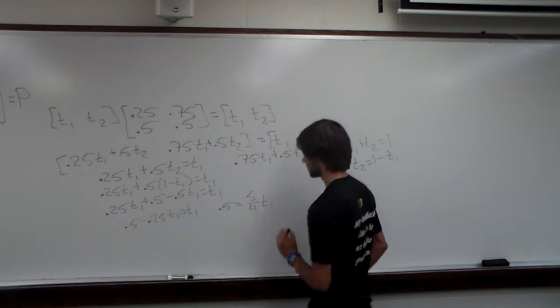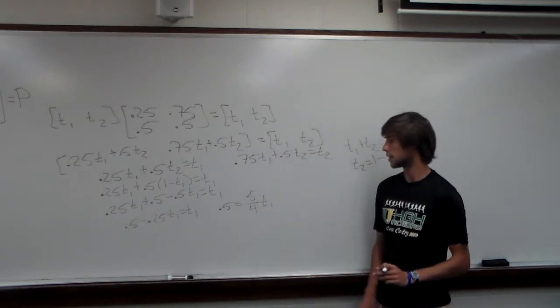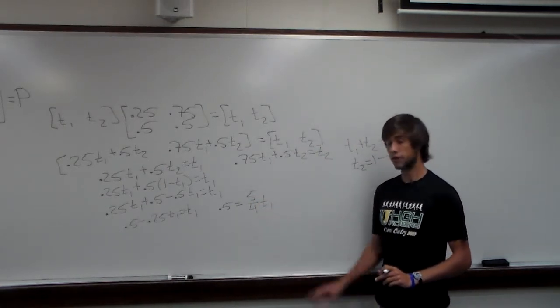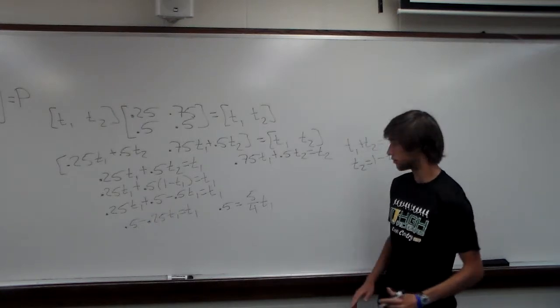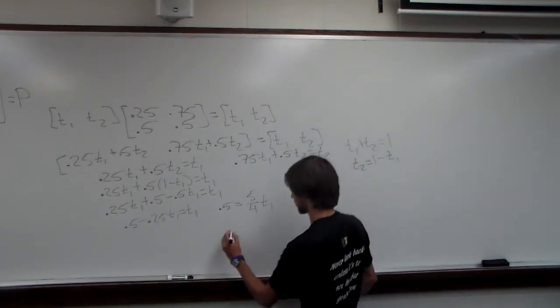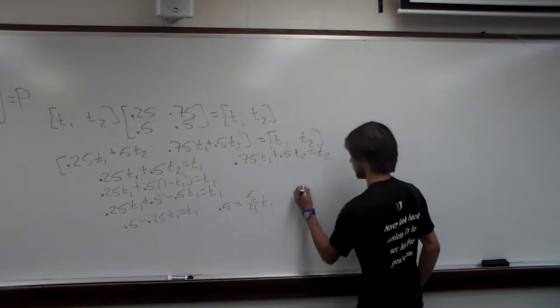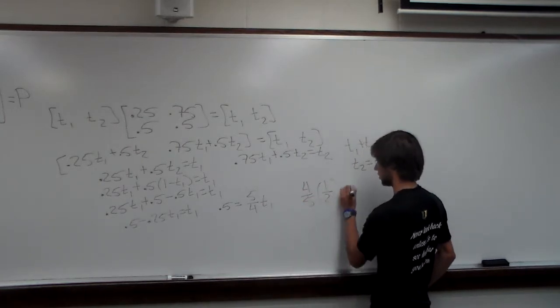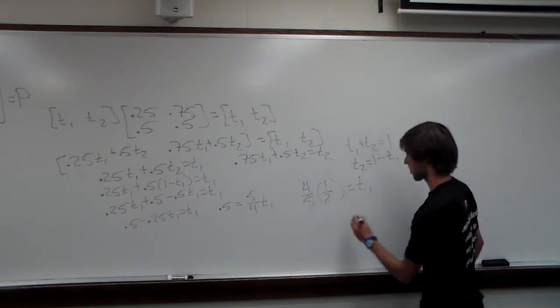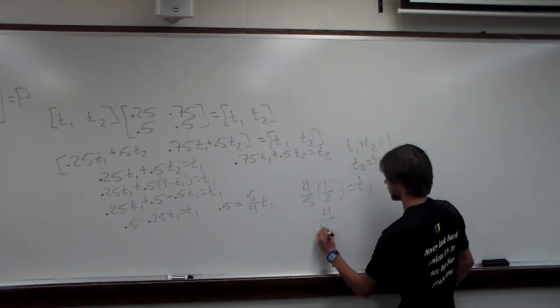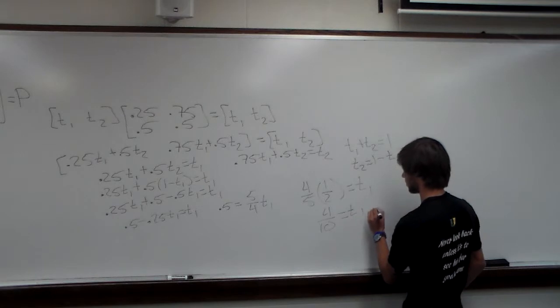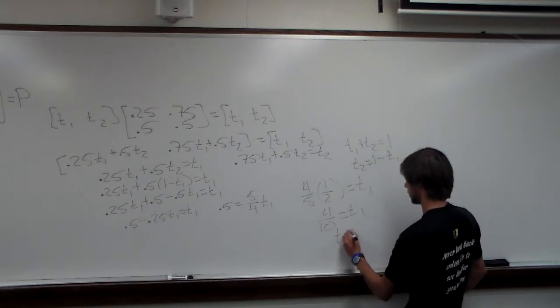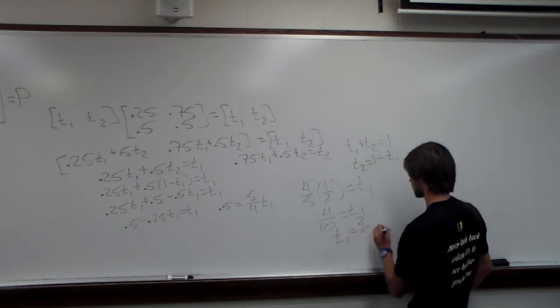Then we're going to multiply by 4/5 on both sides, or divide by 5/4, which will give us 4/5 times 1/2 equal to T1, which gives us 4/10 equals T1, or T1 equals 2/5.